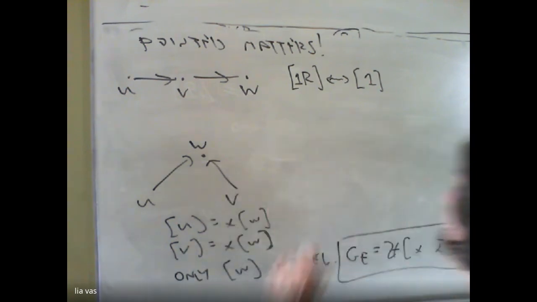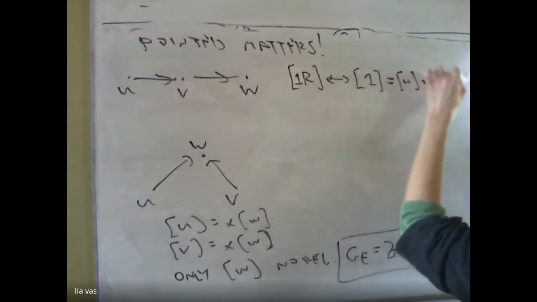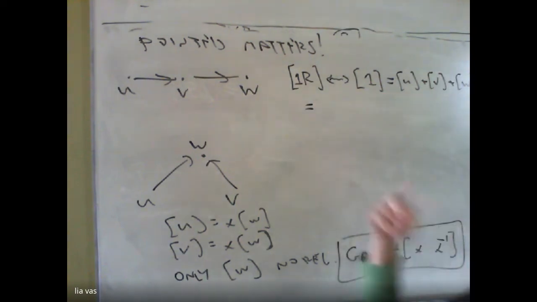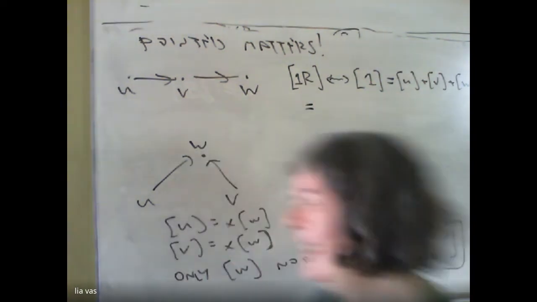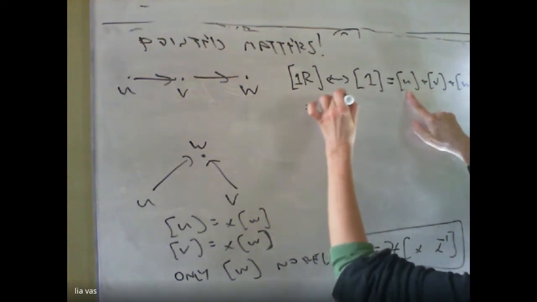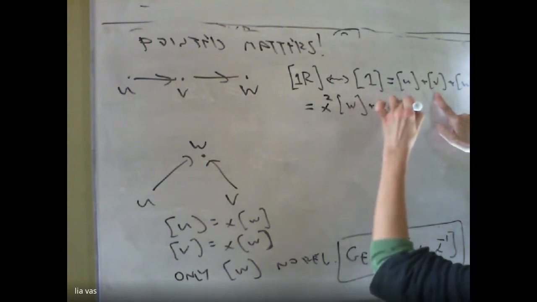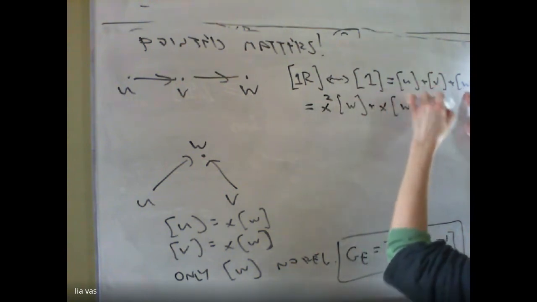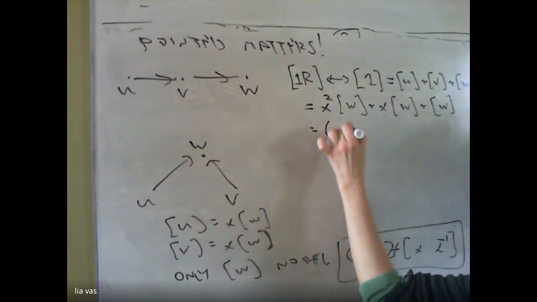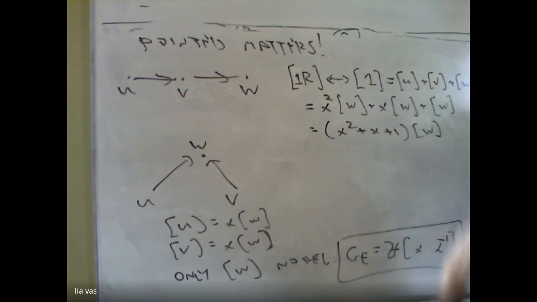So let me just remind you that in Leavitt path algebra, the identity is the sum of vertices. So that 1 is your U plus V plus W, right? And if I now think of the relations that I just erased, so from U there is a path of length 2 to W. From V there is a path of length 1 to W, and W is just W, right? So here I have the polynomial x squared plus x plus 1 times W, right?